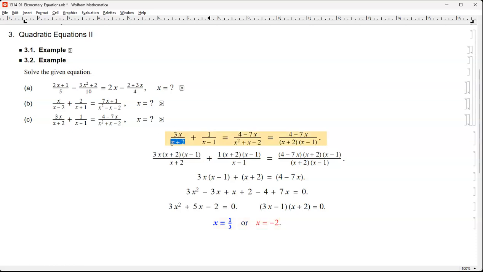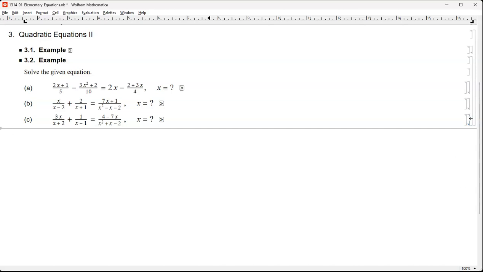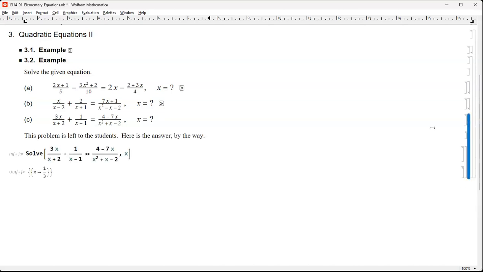It'll make this denominator vanish, and consequently that too. So everything becomes invalid for negative 2. Let's see, what did I do in my answer key here? Oh, I have no answer key here.